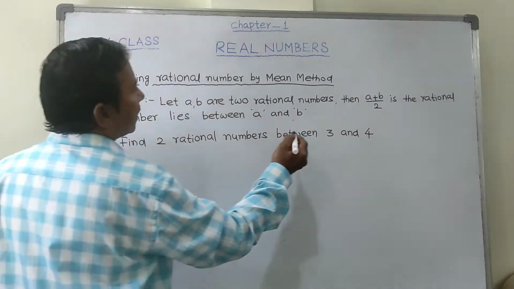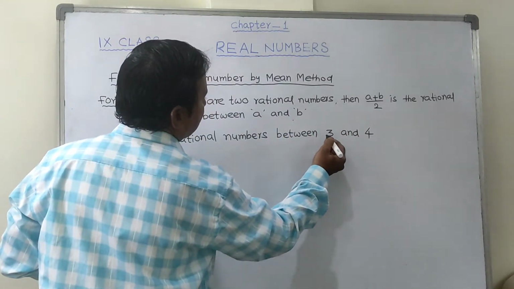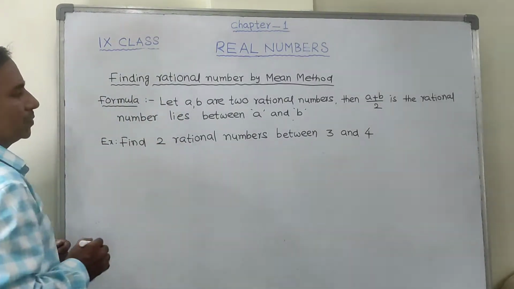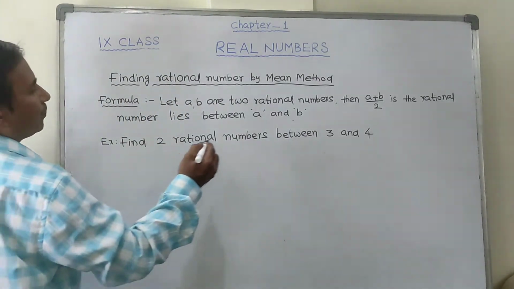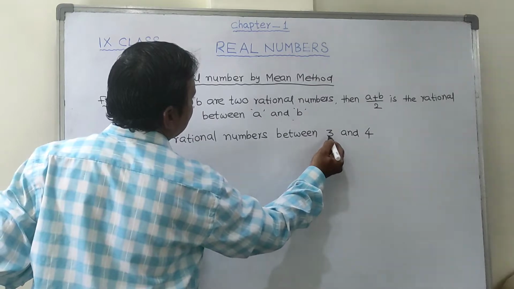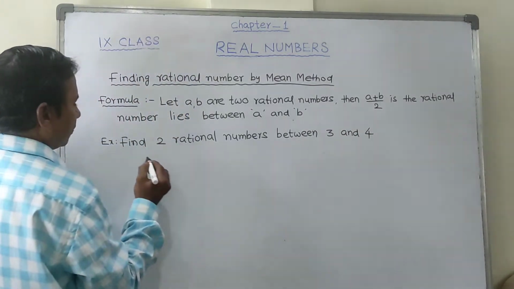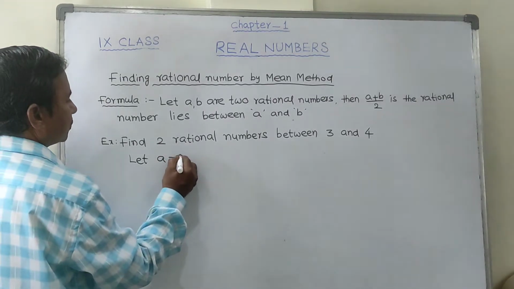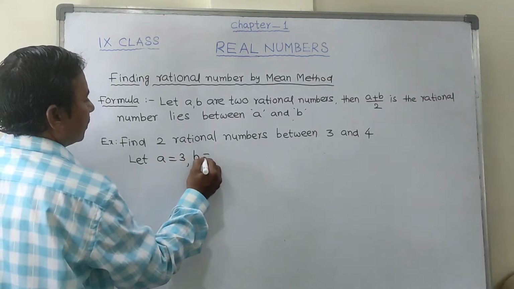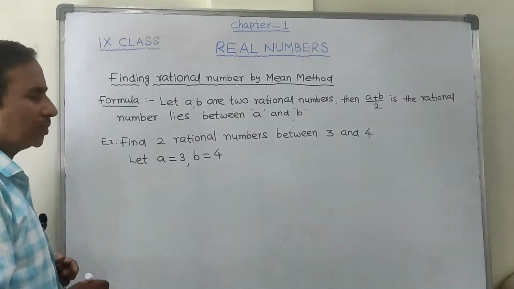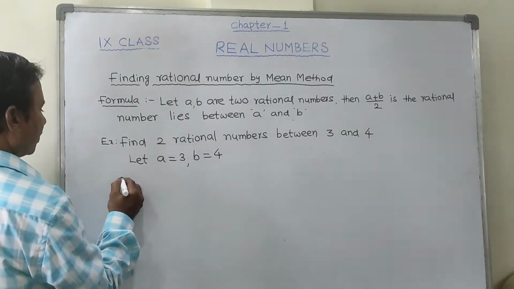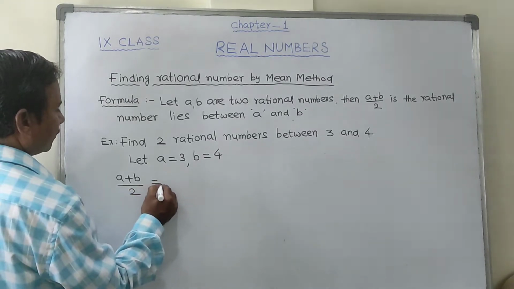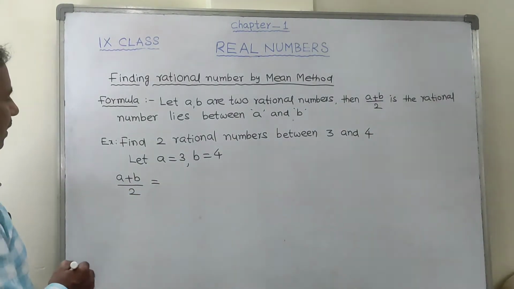Here we have to find the rational numbers between 3 and 4. How many? 2. For that we take the first value as a and the second value as b. Let a equals 3 and b equals 4. Now substitute in the formula (a plus b) by 2. This is the formula to find the middle rational number.